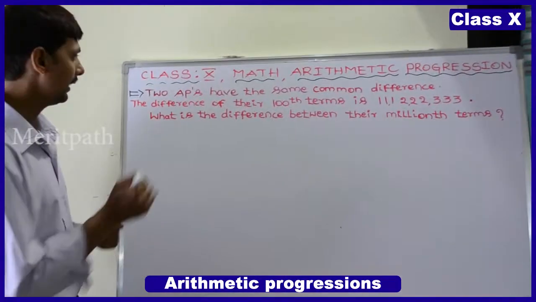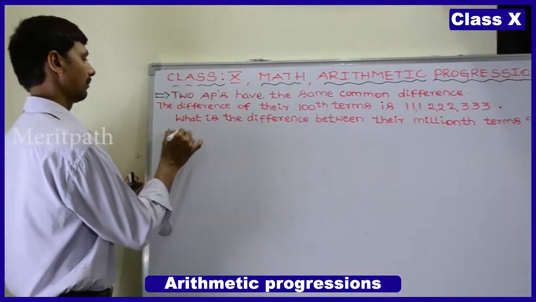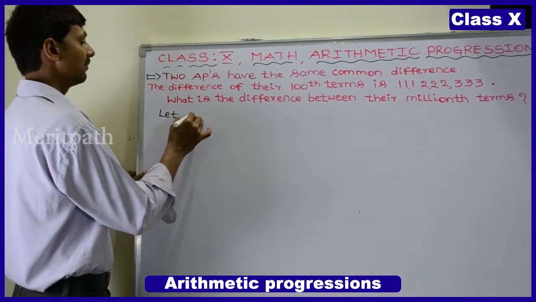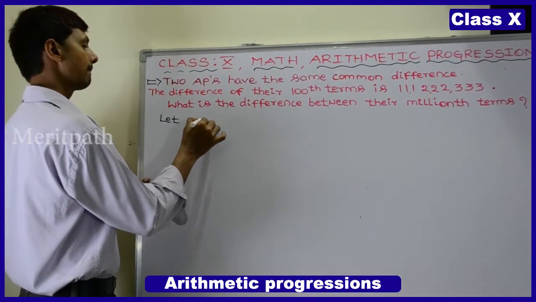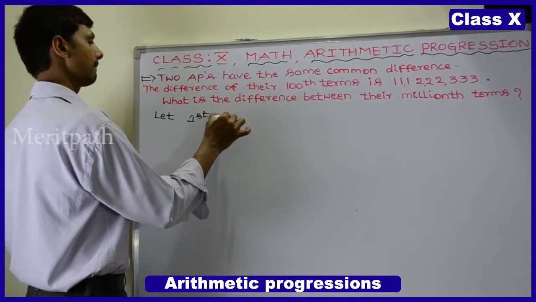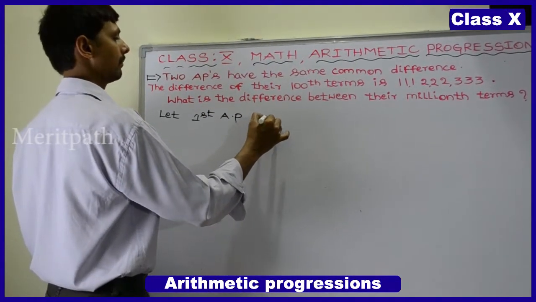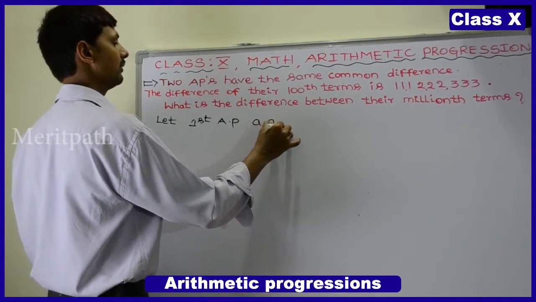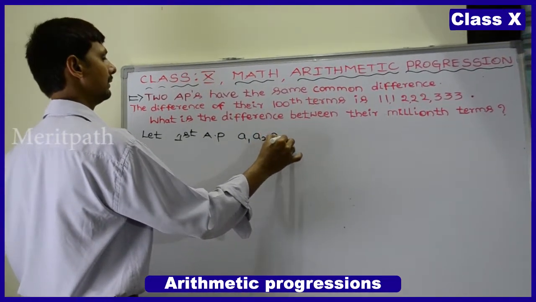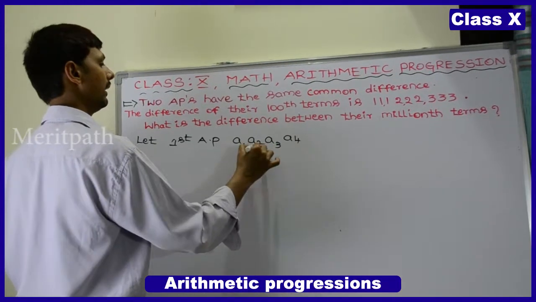So let us take the first AP as A1, A2, A3, A4 and so on.